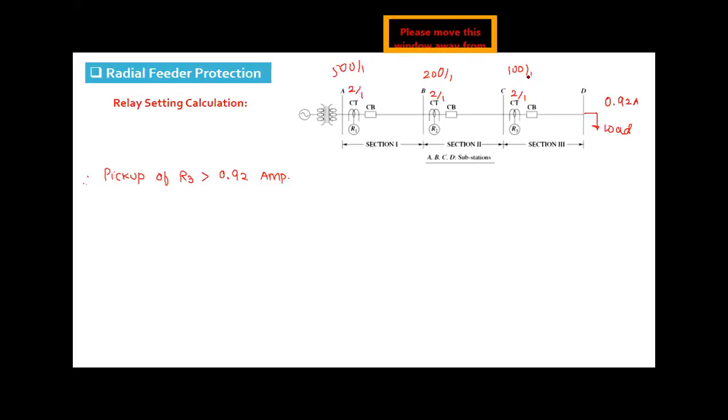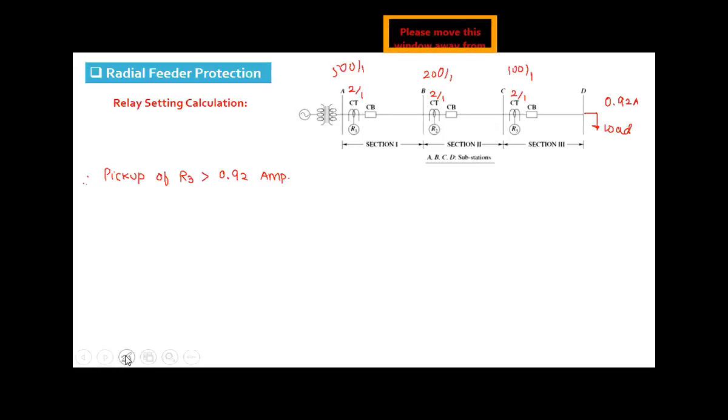क्योंकि secondary के हिसाब से आप जाओगे तो तीनों का 1/1/1 है. I'll show you the example, बाद में देखेंगे ये example, that if I consider secondary, then relay setting may not be appropriate. You can consider secondary when primaries are the same.